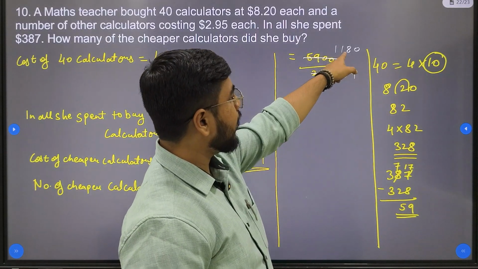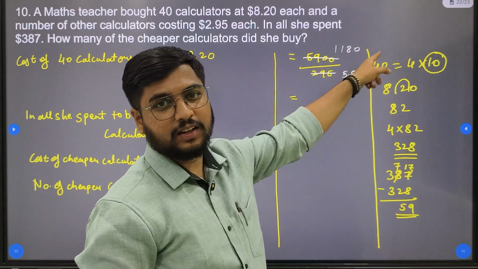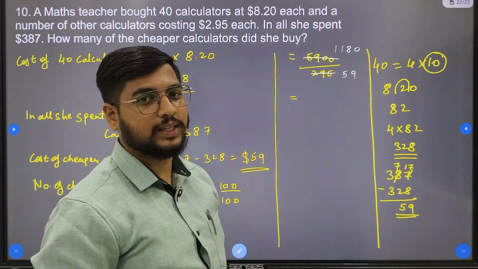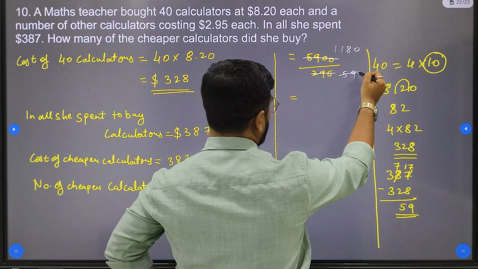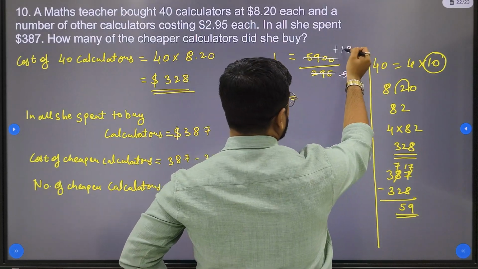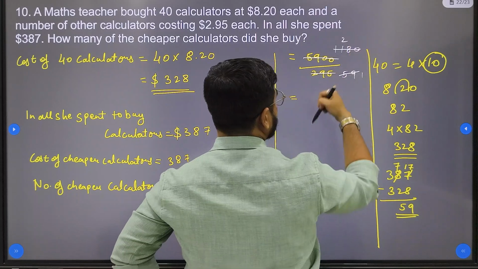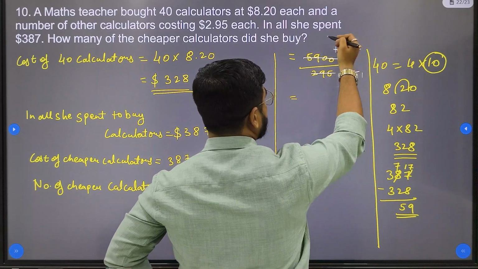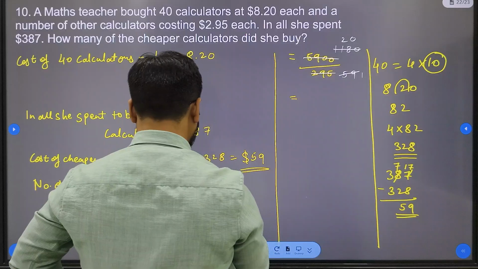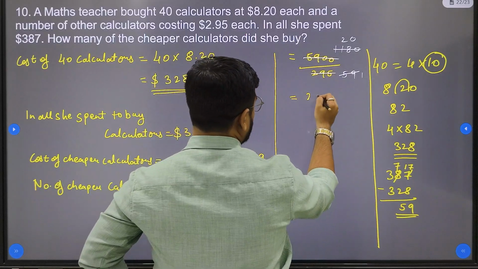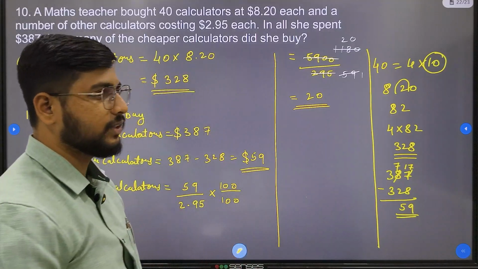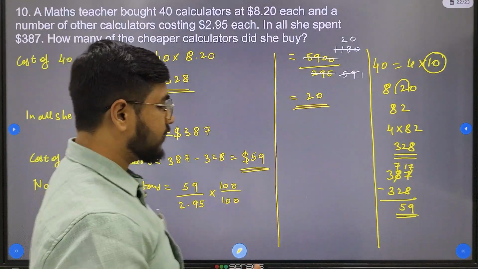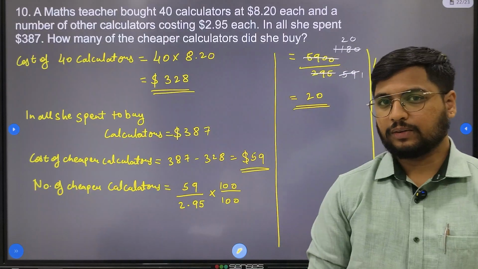See, 120 and 118 are just 2 numbers apart. So 59 into 1 is 59, 59 into 2 is 118 and 59 into 0 is 0. So there were 20 cheaper calculators which the maths teacher bought.